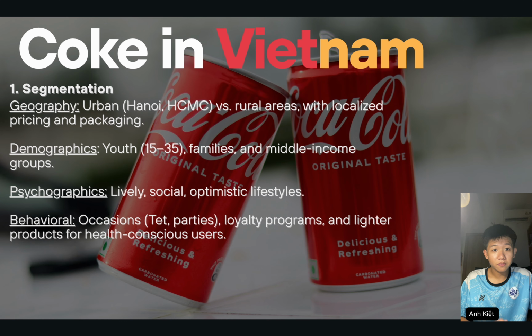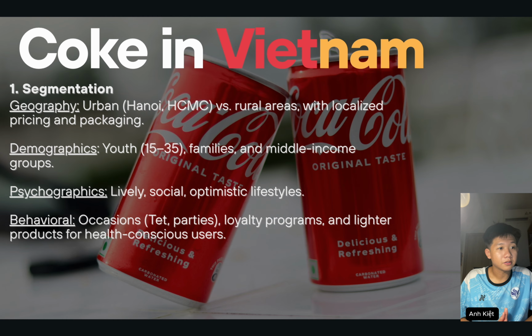Demographics: youth from 15 to 35, families, and mid-income levels. Psychographics: a lively, social, and optimistic lifestyle. Behavioral occasions: parties, loyalty programs, and lighter products for health-conscious users.